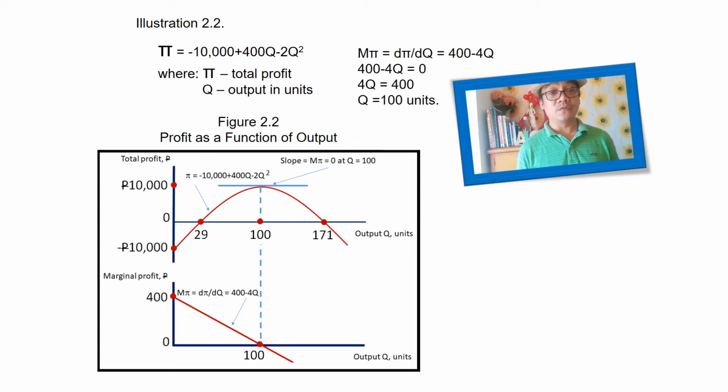And then solving it, we calculate that Q is equal to 100 units. Therefore, when Q is equal to 100, marginal profit is 0 and total profit is at a maximum. Beyond Q equals 100, marginal profit is negative and total profit is decreasing.